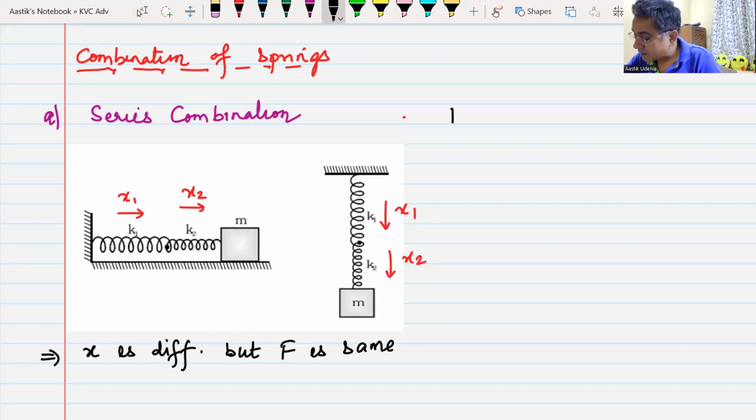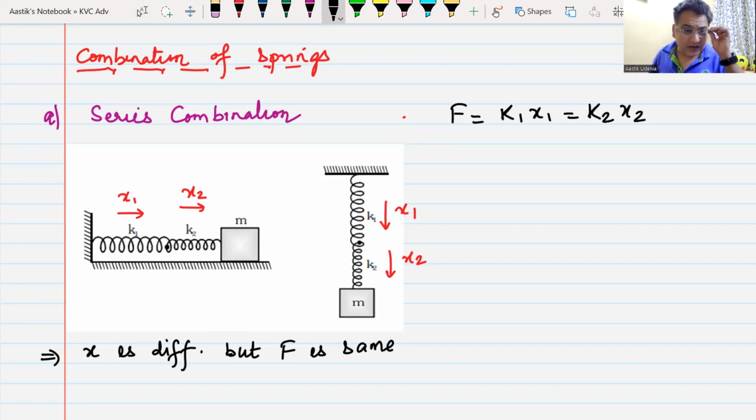So now I can write the force acting on both the springs: k1 x1 will be equal to k2 x2. Yes or no? And this can also be written as such. So do we understand this? Yes, sir.